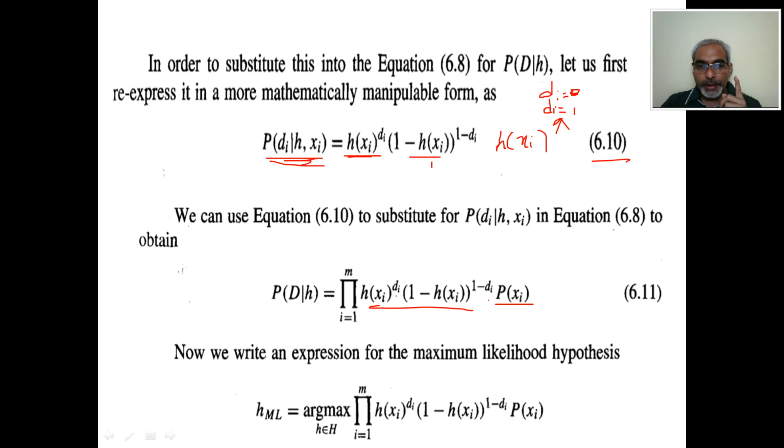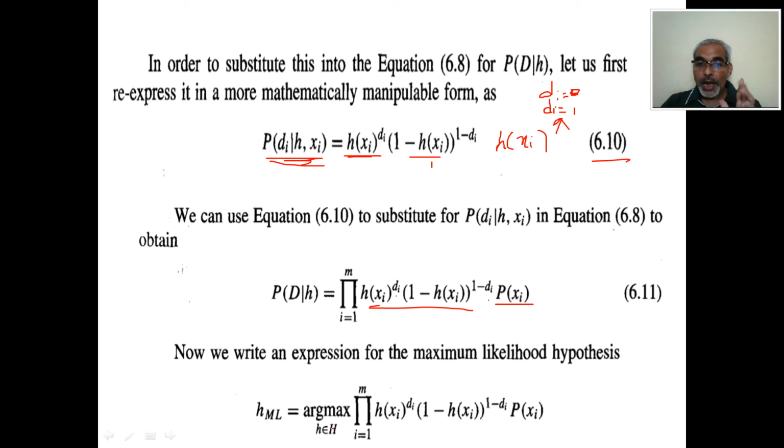Now we can write an expression for maximum likelihood hypothesis, because now we calculated the posterior probability of D given H with this equation. So now what will be your maximum likelihood? So h of ML equal to argmax, that is the standard, right?